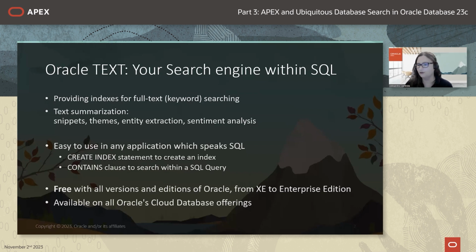This means your Google-like search experience, where you're able to access the full text of documents and search them by a variety of keywords anywhere in that document. But it is a lot more than that as well. It is what you would expect from a typical search engine nowadays. It can provide you with snippets about the documents that you've searched, and the theme of the document, so what it's about.